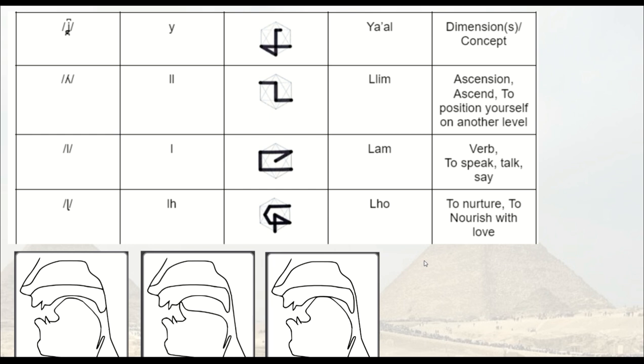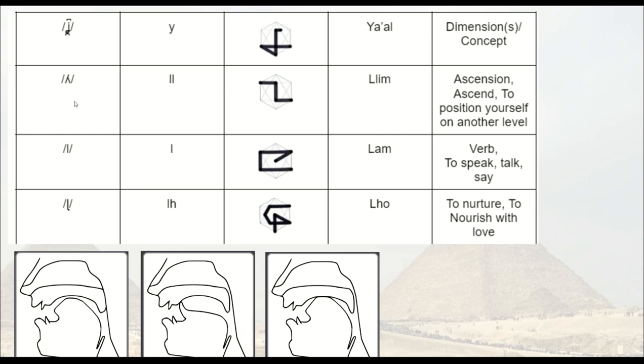Next group, we have y, which is pronounced similar to this one. However, Matthias emphasizes that both the upper teeth and lower teeth have to be touching one another. Very similar, so keep that in mind.